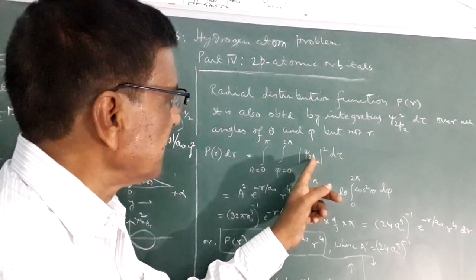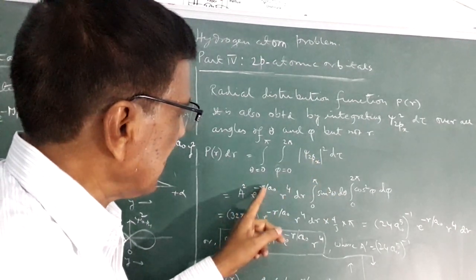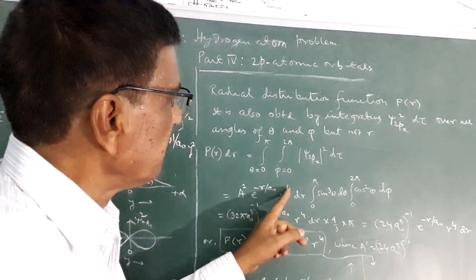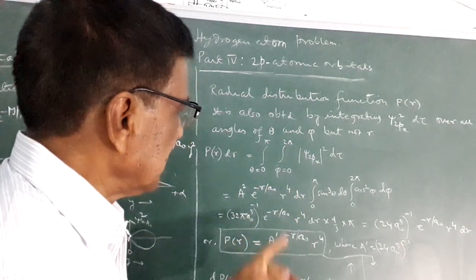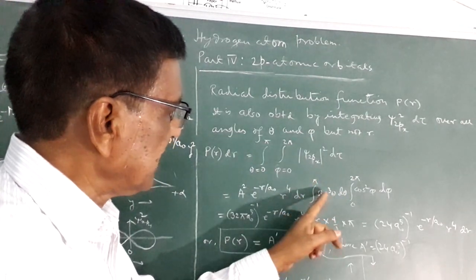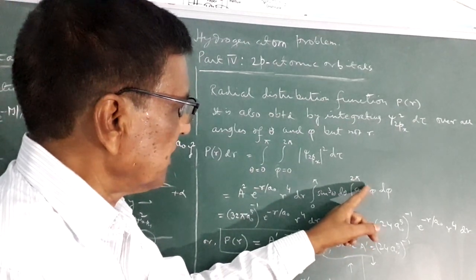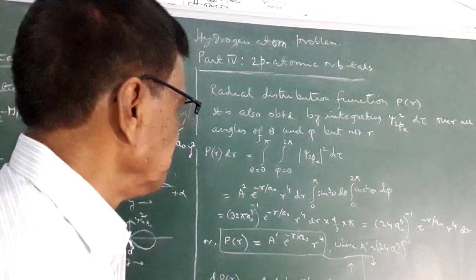Putting in the value of psi 2px, we get a squared e to the power minus r by a naught, r to the power 4 dr, times the integral from 0 to pi of sin cubed theta d theta, and the integral from 0 to 2 pi of cos squared phi d phi.